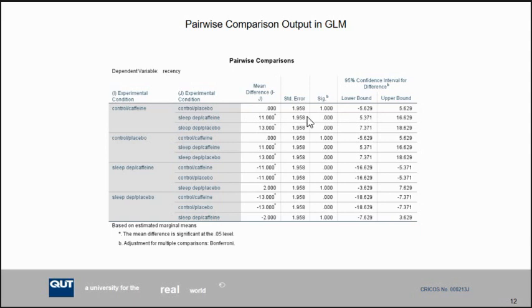However, there was a significant difference between the two groups that were exposed to sleep deprivation. And here are our confidence intervals for the difference. Remember, these are not the confidence intervals around the means of these conditions, but the confidence intervals around the mean difference between these groups.